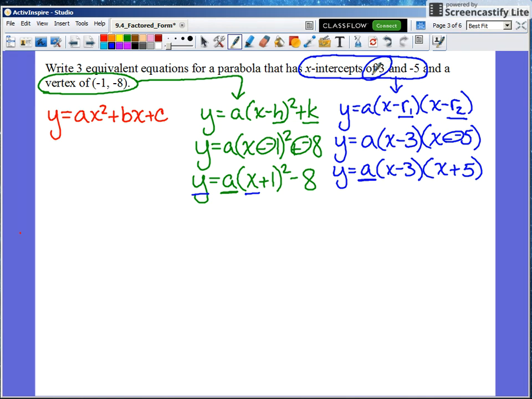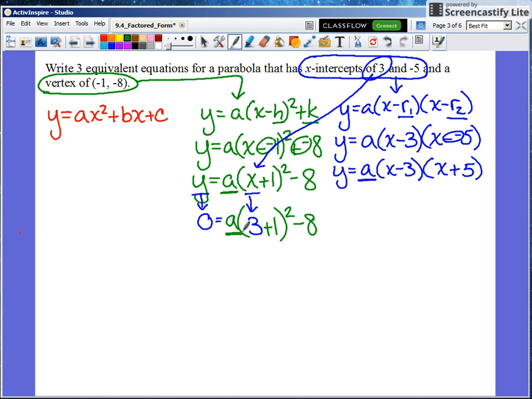So if I plug in the x-intercept of 3 for x, and every x-intercept has a y value of 0, then the leftover equation only has that a as my only variable.